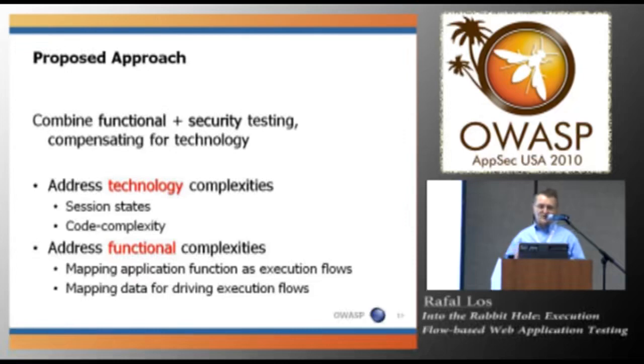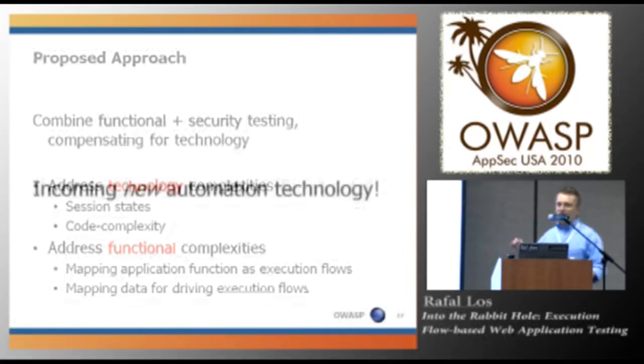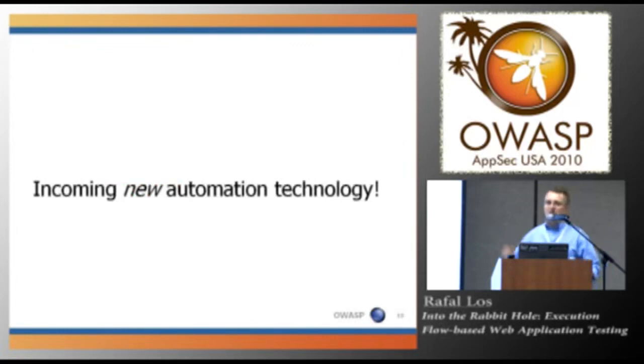And address the functional complexities like mapping application function as this concept called execution flow, and then mapping data to drive these execution flows, right? So mapping the app through an execution flow and then mapping data to it to drive that. So my contention is that there's some incoming new automation technology.